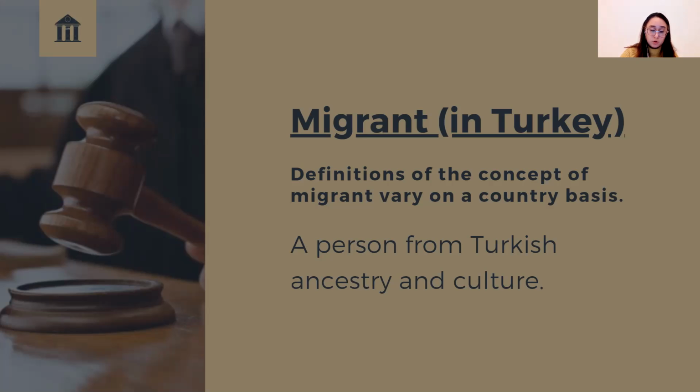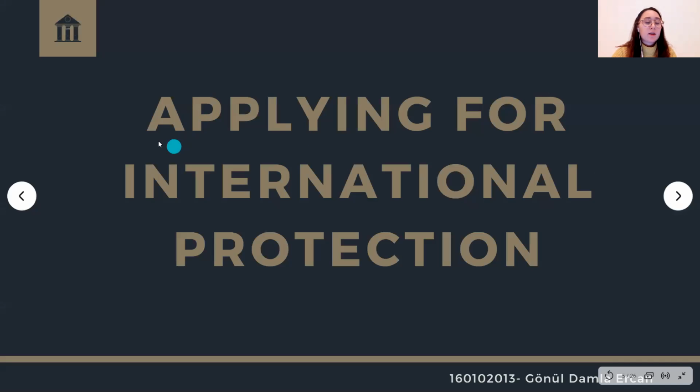So also, as I said, coming from a Turkish ancestral culture has a really discriminative definition when it comes to immigrants. So it's quite discriminative. So let's go to the process.